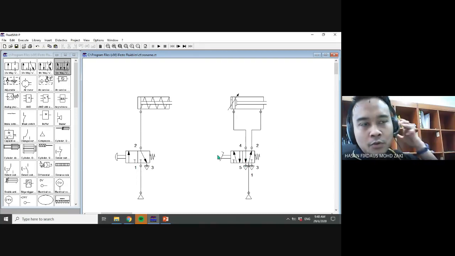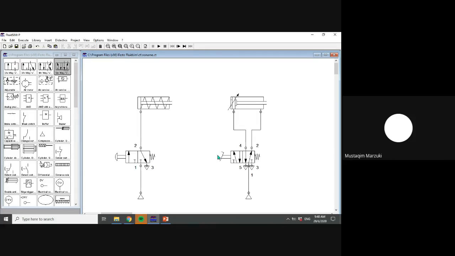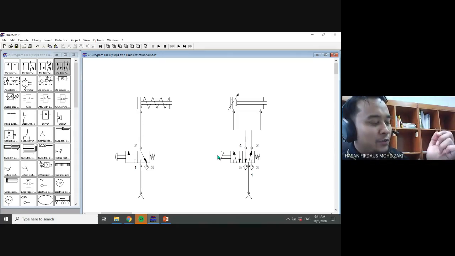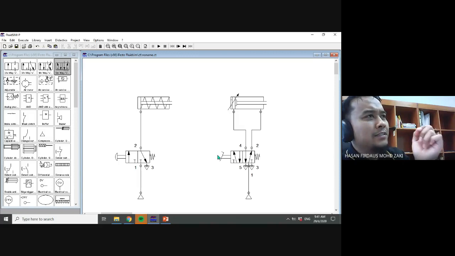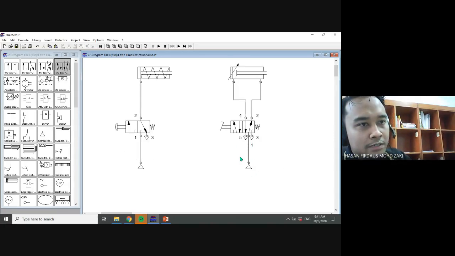Any more questions? Sir, where is the electrical part? There are no electrical parts. The only electrical part is to power on the compressor. Here you can see the pressure source. This pressure source comes from the compressor.